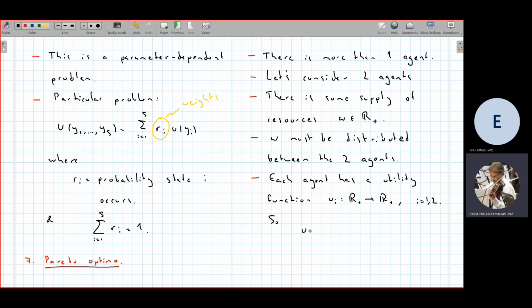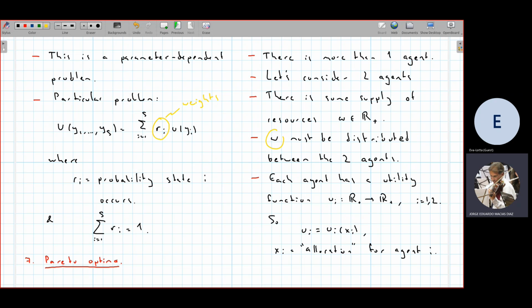So in other words, u_i is going to be a function of some x_i. And x_i is going to be called the allocation, the allocation of money for agent i. So what is the idea before I change the page?